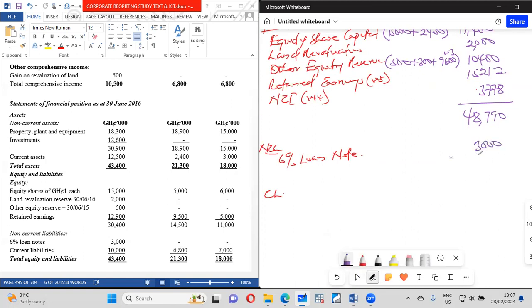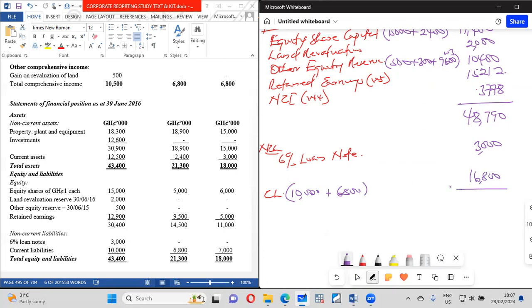The other side was dealt with at the top. All right. What about current liabilities? We have 10,000 plus 6,800, right? And that gives me 16,800.